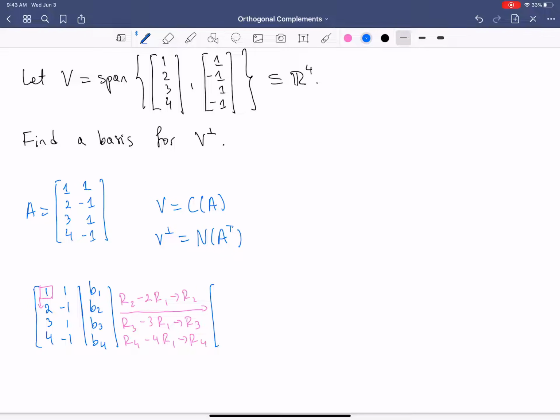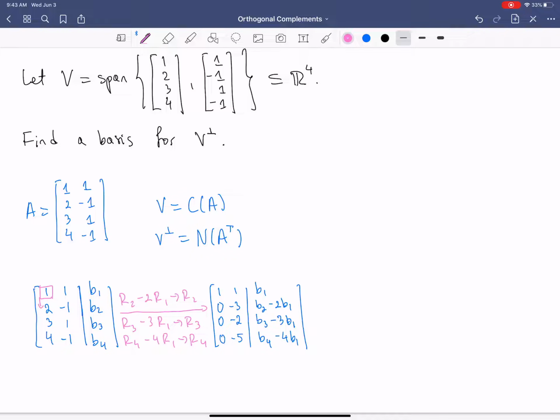We get 1, 1, B1. Then 0, negative 3, B2 minus 2B1. Then we get 0, and then 1 minus 3 is a negative 2. Then B3 minus 3B1. And 0 minus 5, B4 minus 4B1.